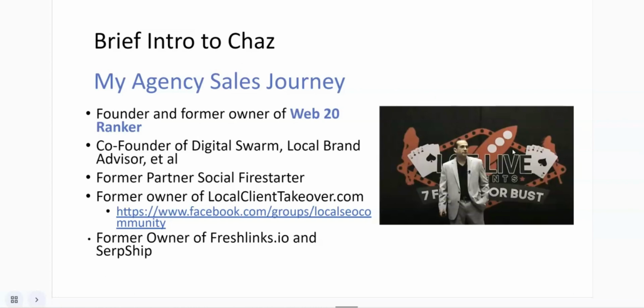I was the co-founder of multiple digital brands, including Digital Swarm, Local Brand Advisor, Make My Business, probably other ones I can't even remember. Former partner at Social Firestarter, a legal marketing agency. I believe I sold my equity in that company in 2021. Former owner of localclienttakeover.com. Same thing with FreshLinks and SERPship.